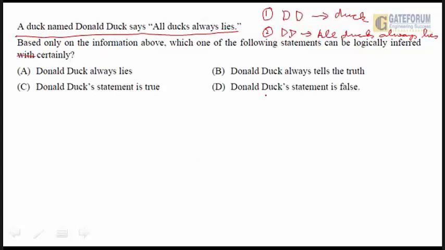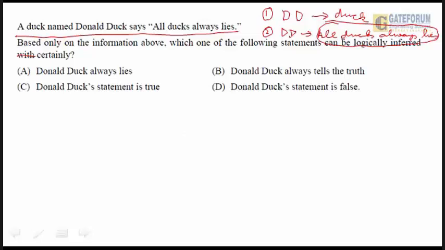Okay. Now, can this sentence ever be true? Just see, if Donald Duck were saying the truth, that all ducks always lie, because Donald Duck himself was a duck, this sentence should have been a false one.